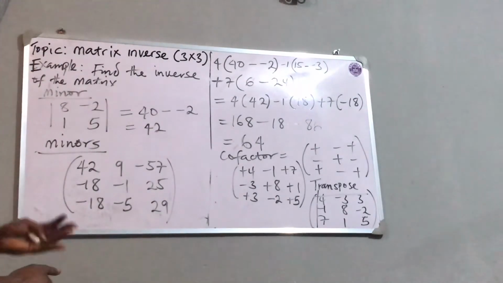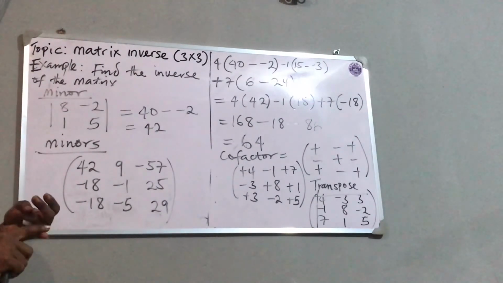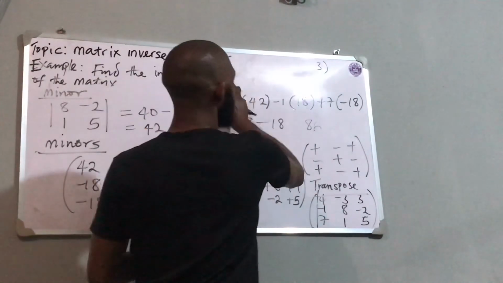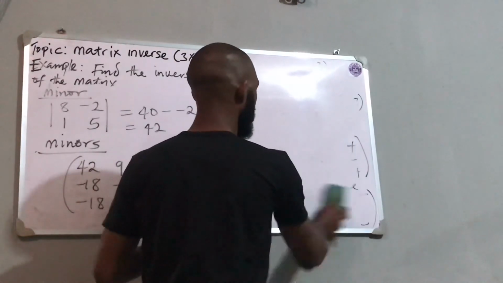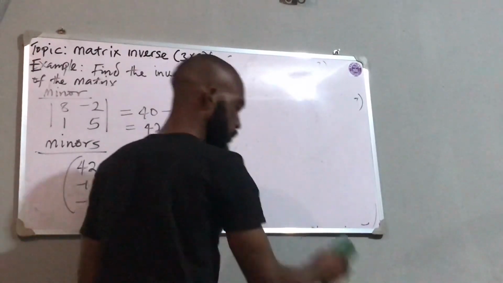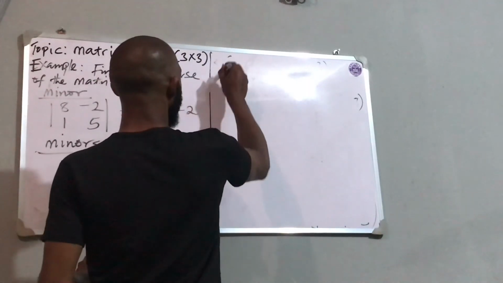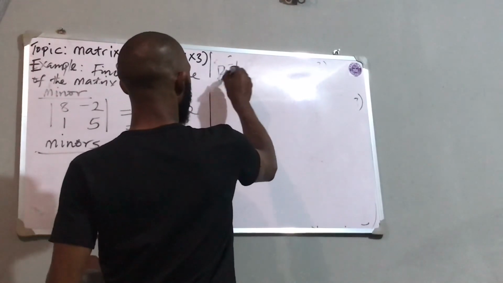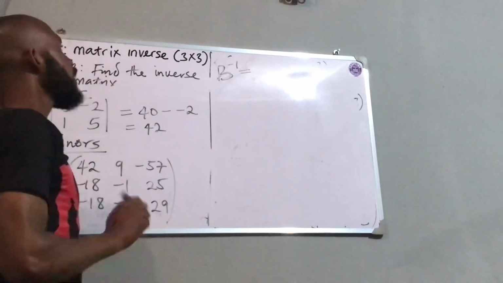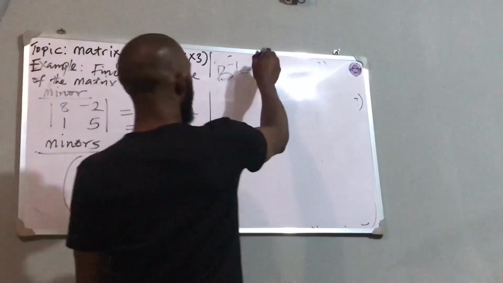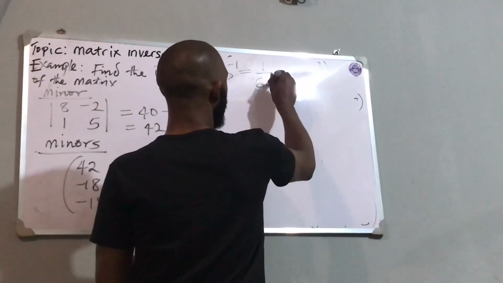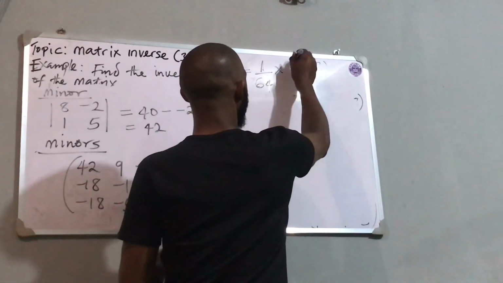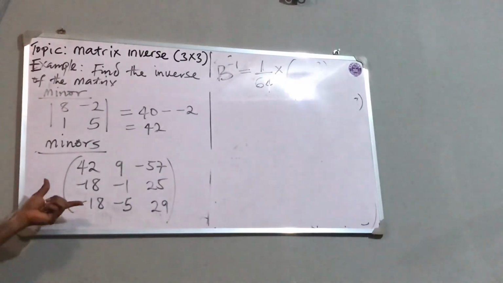Okay, so remember our formula is B inverse is equal to 1 over the determinant of B, and remember our determinant is 64, so 1 over 64 times our adjoint, and our adjoint is now this.